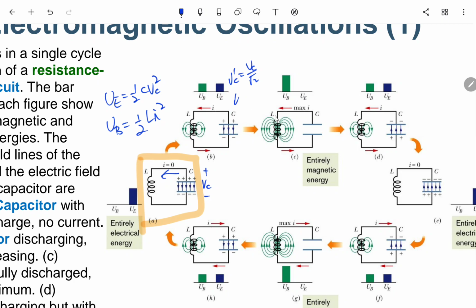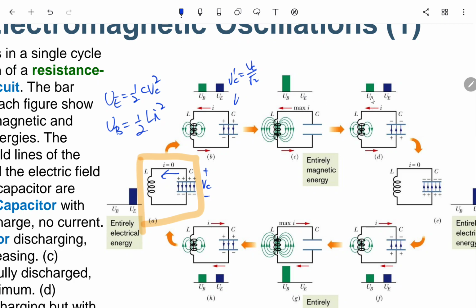Sometime later, all the charge of the capacitor discharges, so we don't have any potential difference across the capacitor, and all the energy is stored in the inductor. So UB is maximized, UE equals 0.